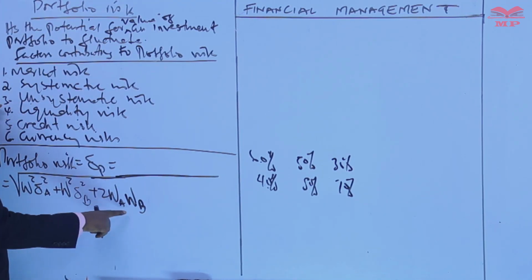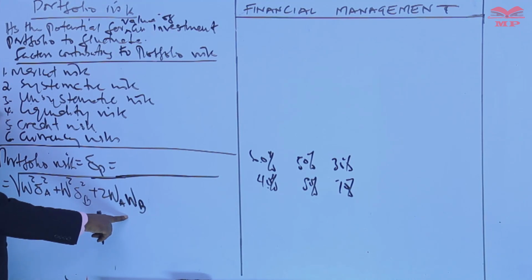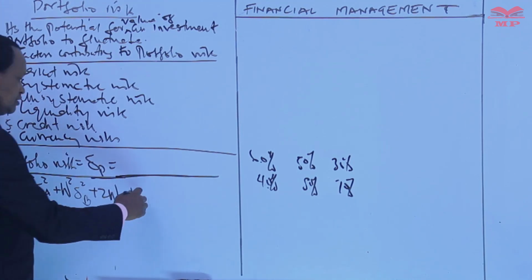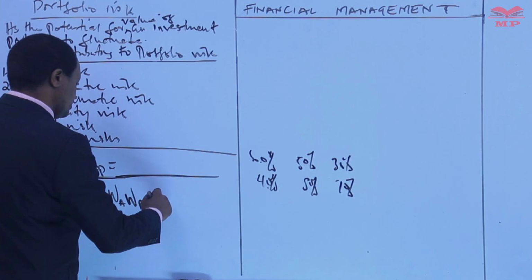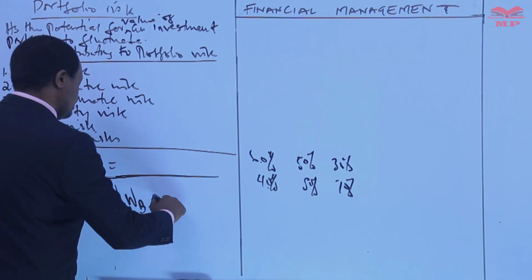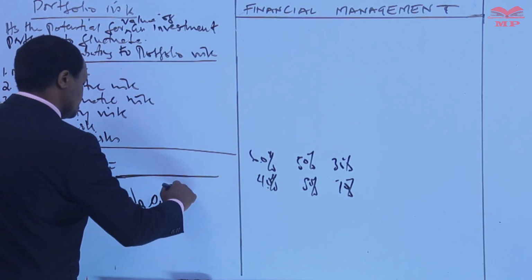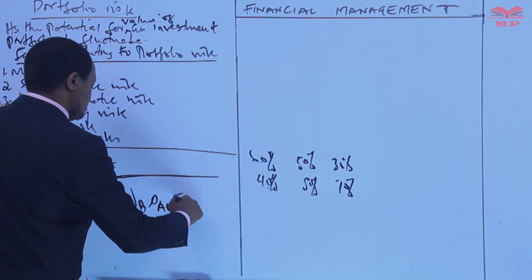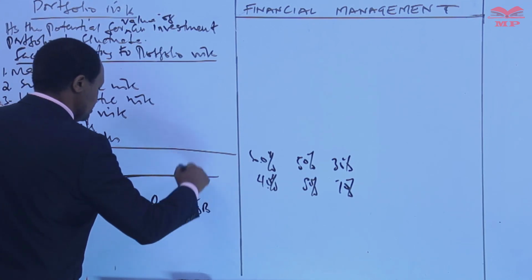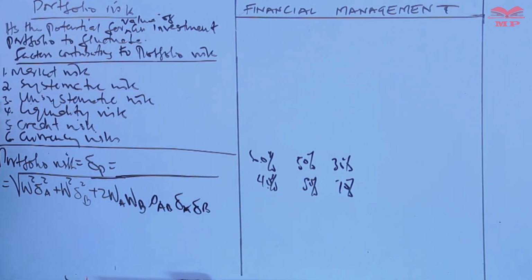Weight of A times weight of B times the correlation coefficient of A and B, standard deviation of A times standard deviation of B. So that is the formula for calculating the portfolio risk.